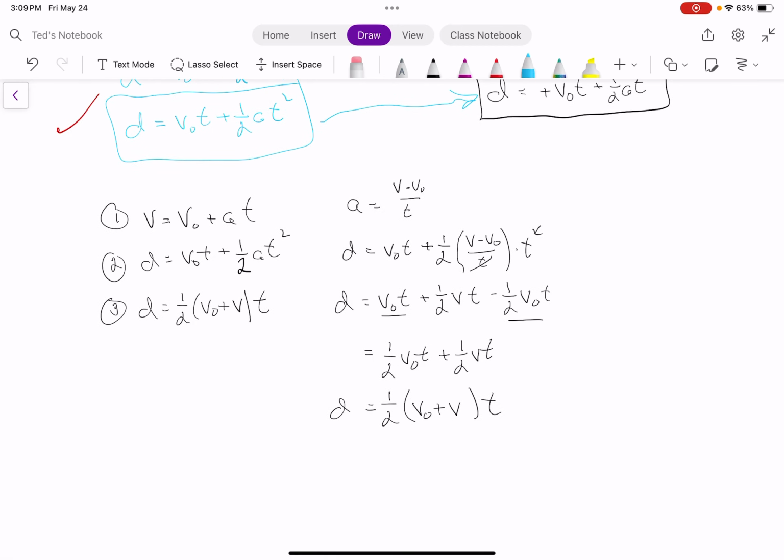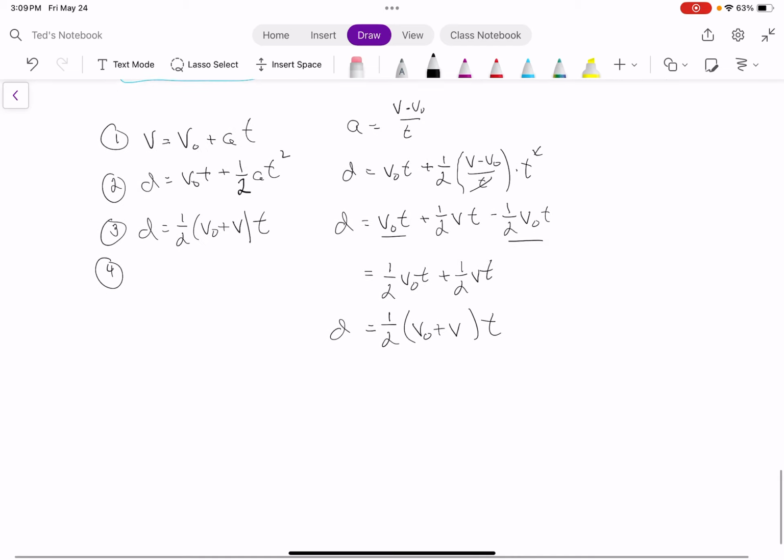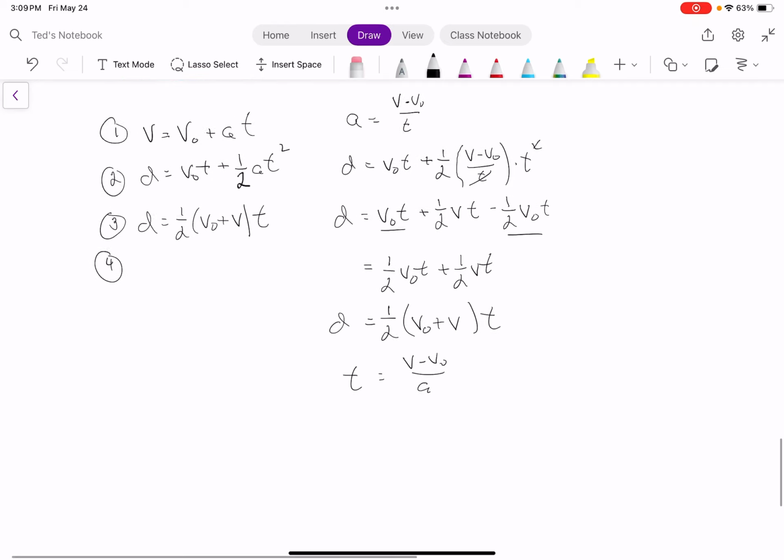Okay, and then the last equation is, instead we're going to solve this equation for t. So we solve equation 1 for t. So t is equal to v minus v0 over a, and substitute that into equation 2.